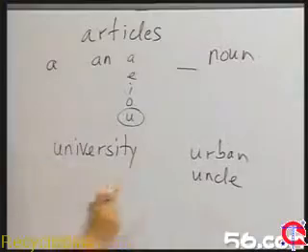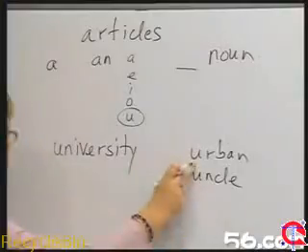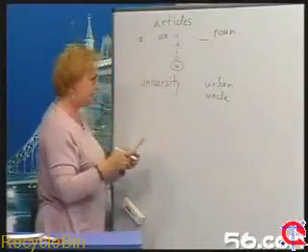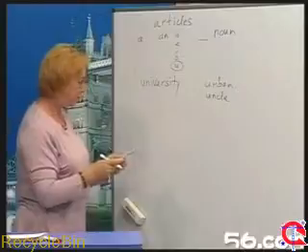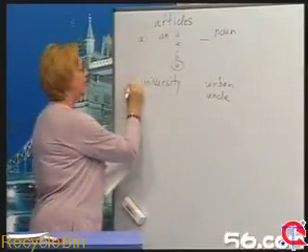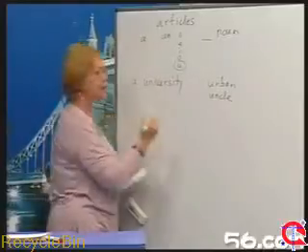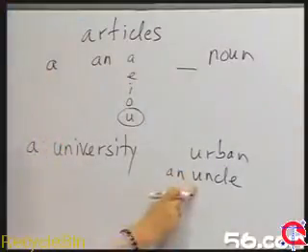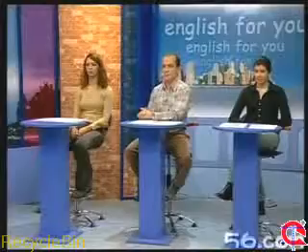So U and U, but different sounds. So if we put in a, a university, an uncle, because of the sound. Okay. Now, here are some more jobs without articles, and we're going to put the articles in.